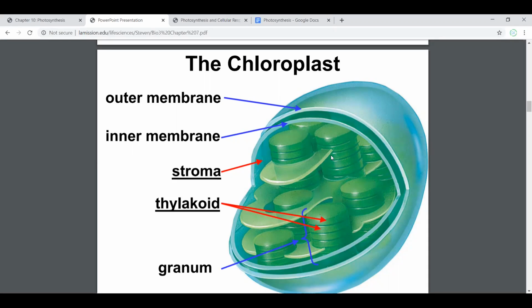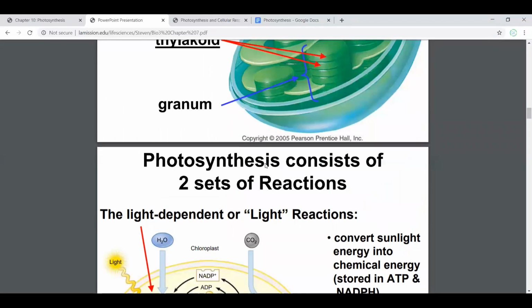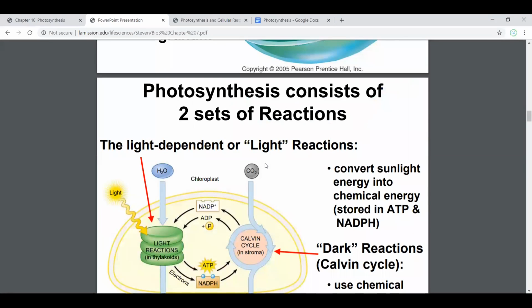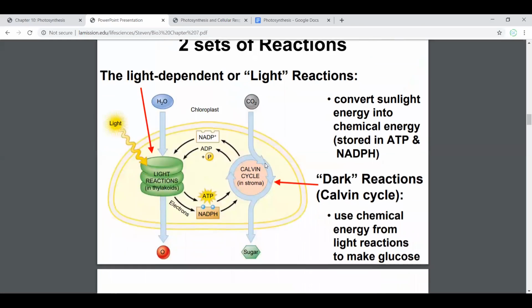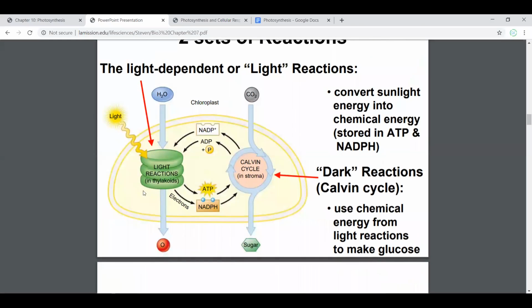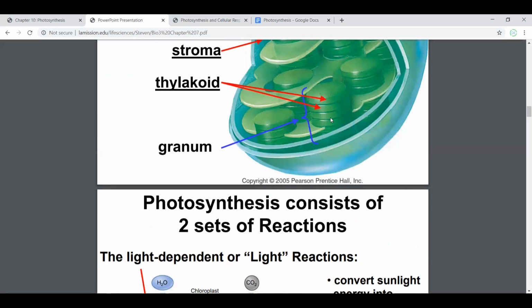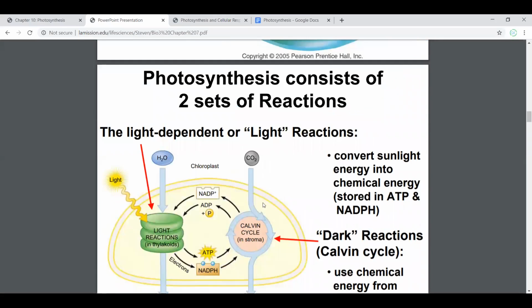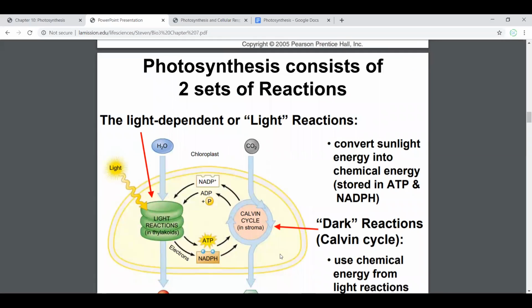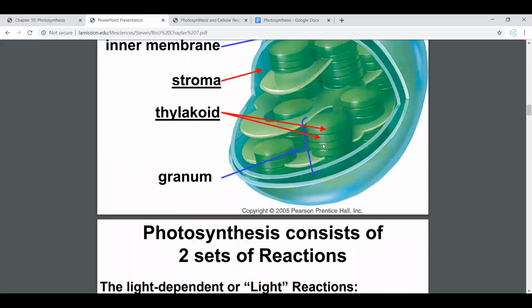And the thylakoid is specifically where the photosynthesis takes place. Photosynthesis has two sets of reactions. You have the light reactions, which take place in these thylakoids, but then you also have the Calvin cycle, which is also called the dark reactions, and they take place in the stroma.